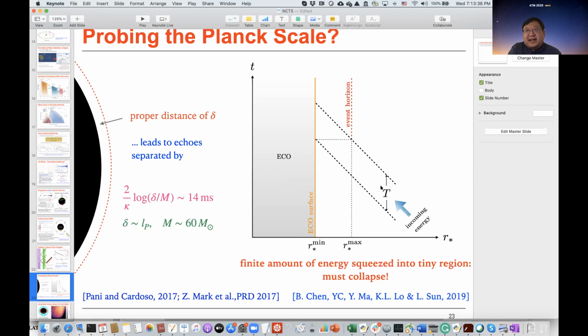So basically, the idea is that when your echoes are being reprocessed and then launched back to infinity, all of the energy content of your echoes is going to be squeezed within a region which is Planck distance away from the black hole.